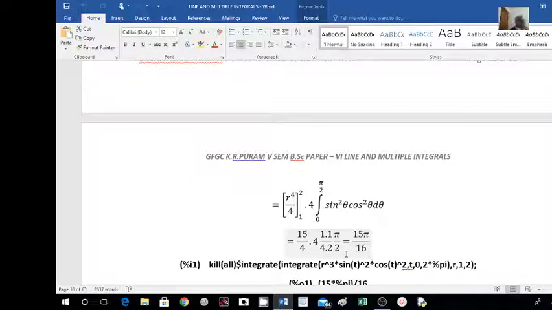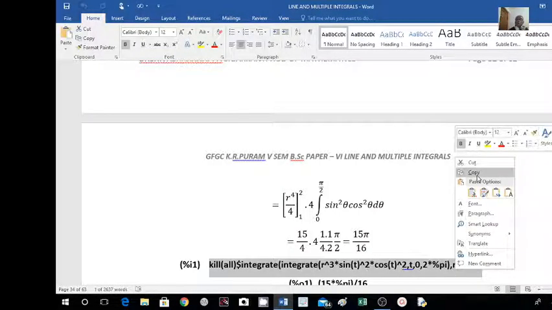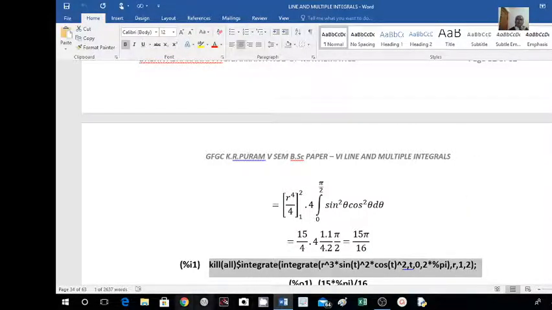Now let me verify this result with Maxima. I will copy this; my answer is 15 pi by 16.